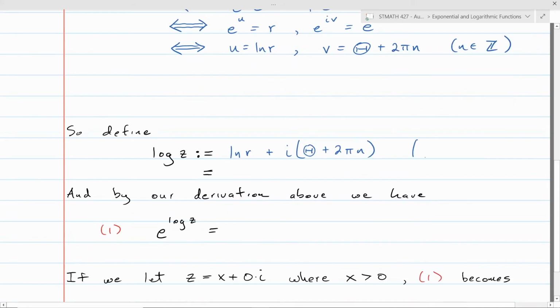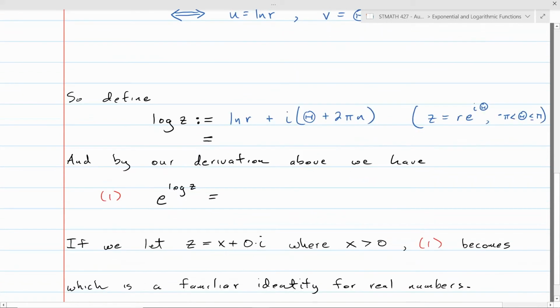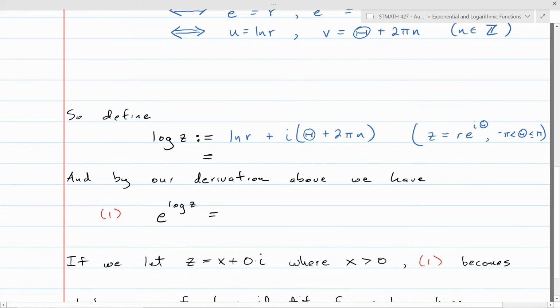And here we're remembering that our z is equal to r e to the i theta, where theta was in the right interval, negative pi, positive pi, possibly included. And then remember r is just the magnitude of z, so I could write this as natural log absolute z plus i times this expression in the parentheses here, which is just arg z. So you could just write this as arg z if you want.